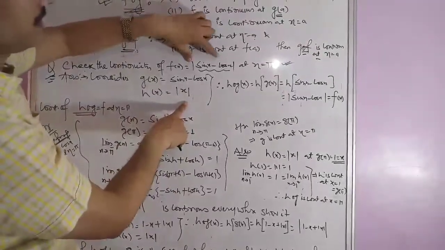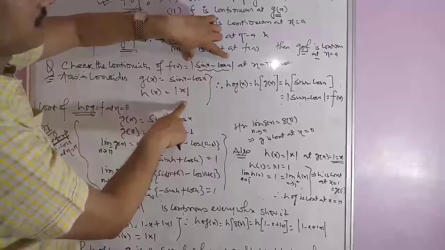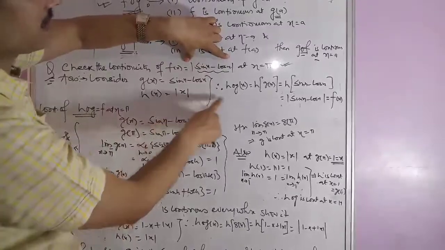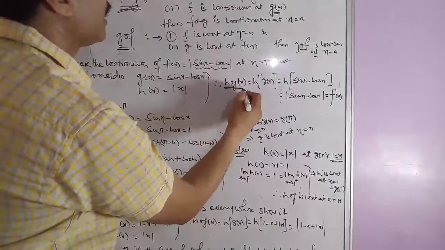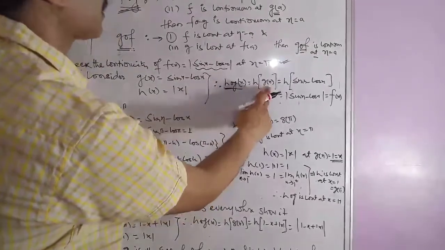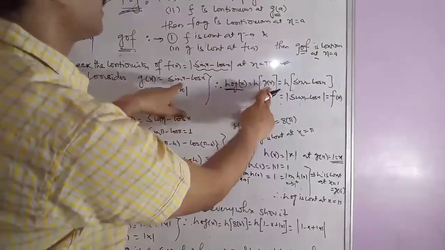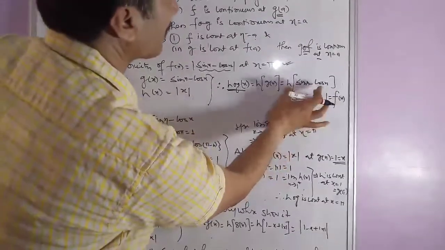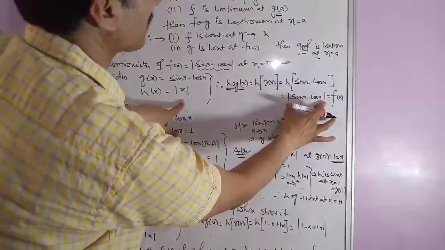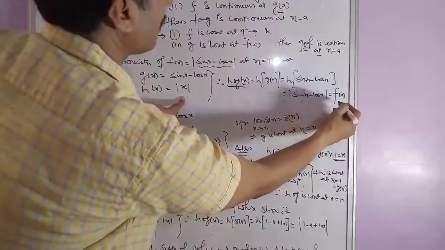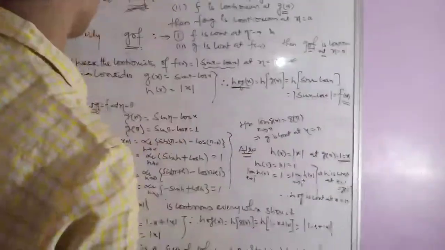Outer function is h, inner function is g. Composition of h and g: hog(x) equals h of g(x). Here we put g(x) equal to sin x minus cos x. h(t) means mod t, so mod of sin x minus cos x, and this is our f(x).